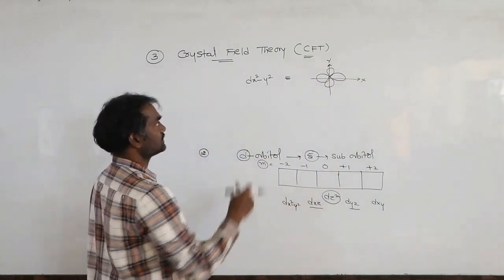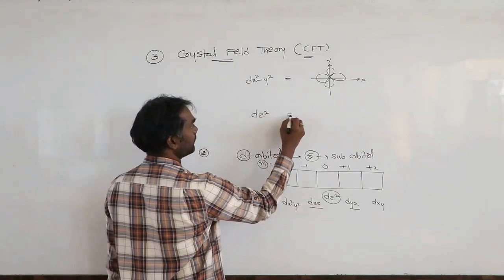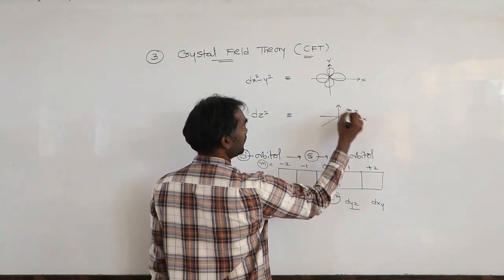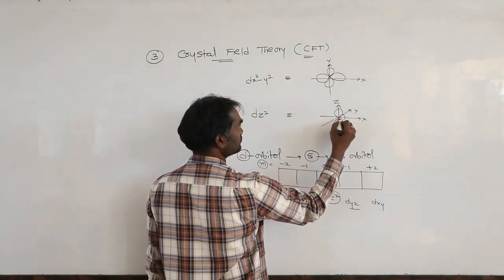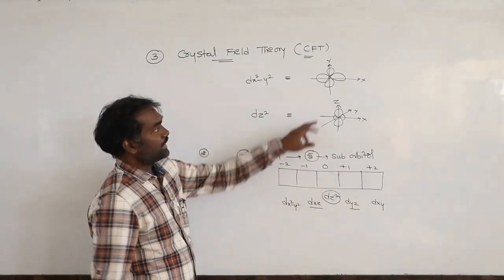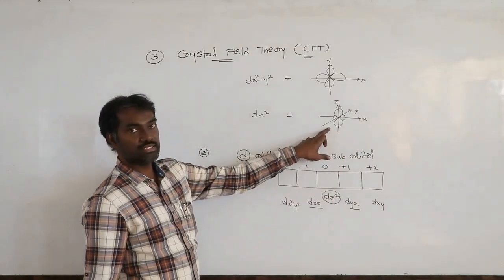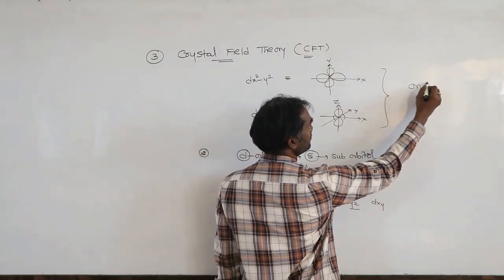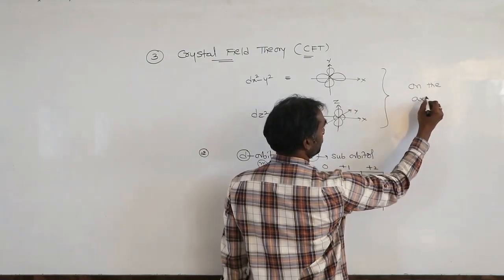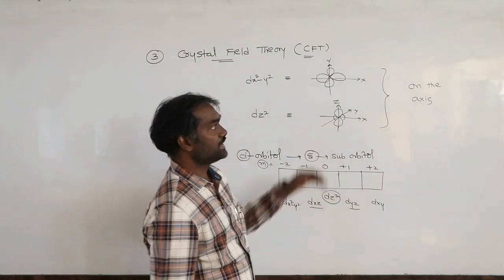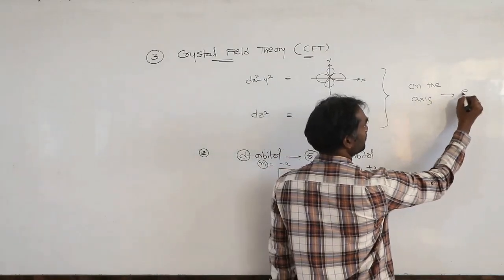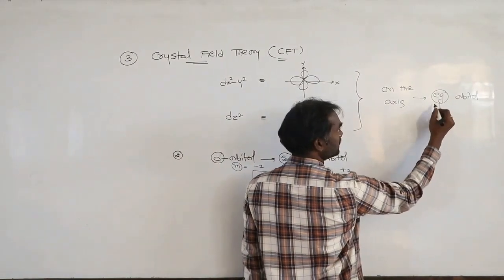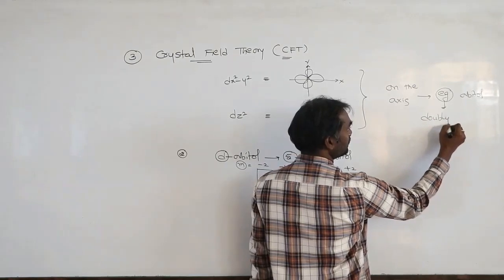Next, dz square lies on the z axis. So dx square minus y square and dz square are both present on the axis. These two are called EG orbitals, that means doubly degenerate orbitals.